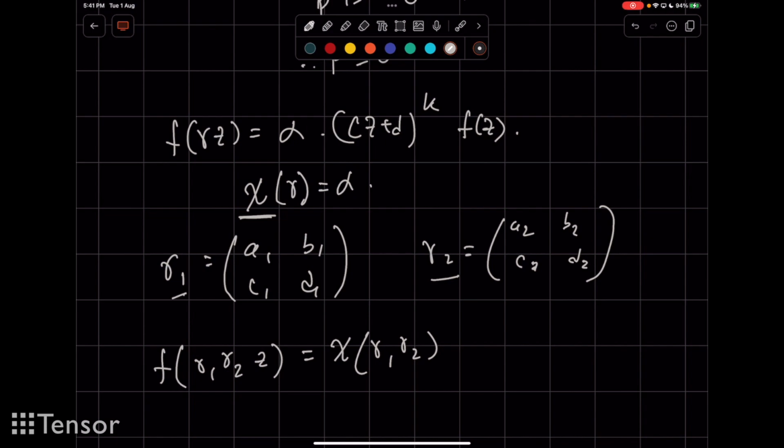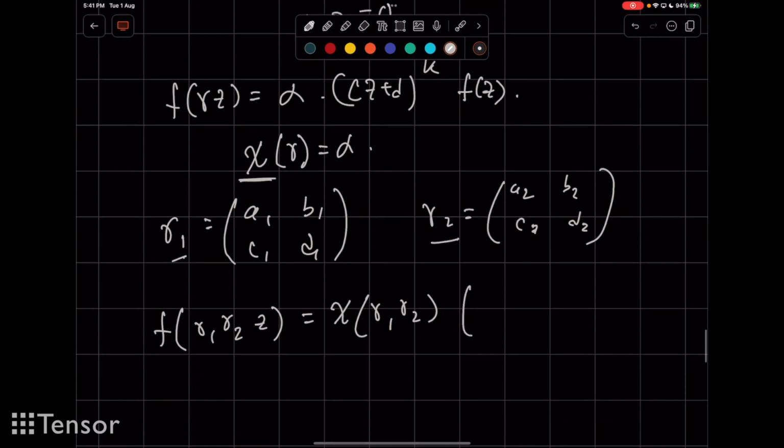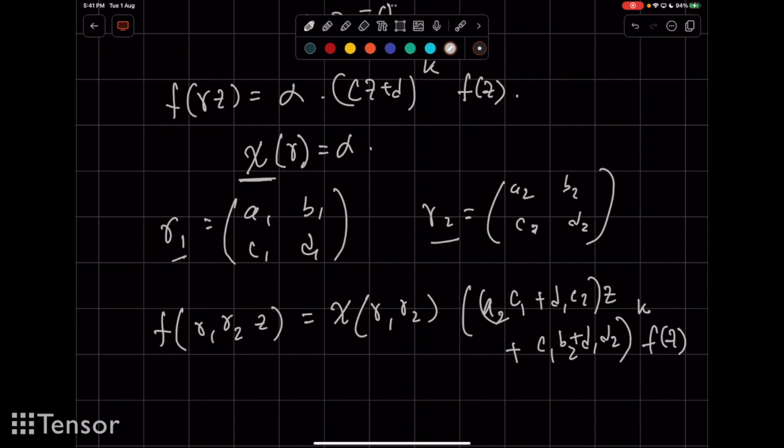They are C1A2 plus D1C2 and C1B2 plus D1D2. So times (C1A2 plus D1C2) z plus (C1B2 plus D1D2), to the power k, times f of z, right?